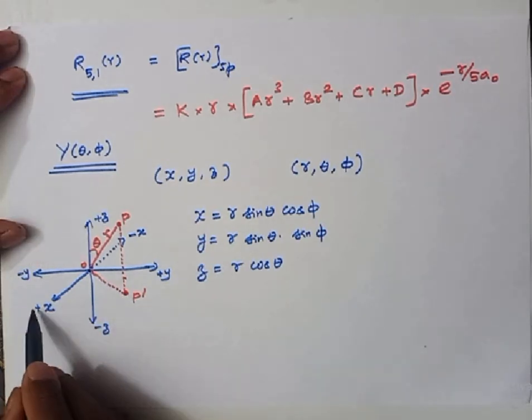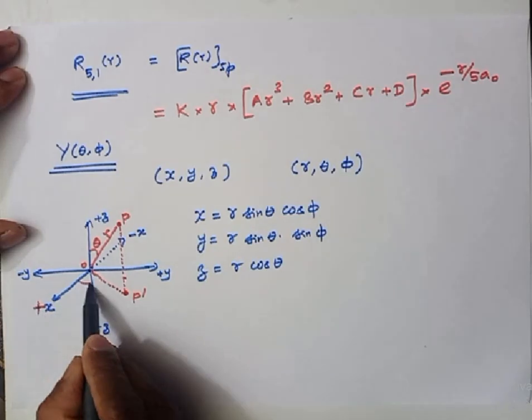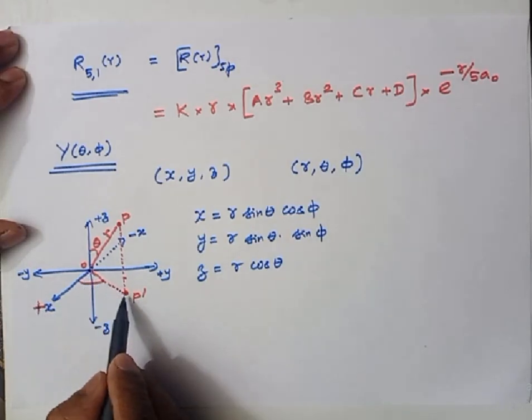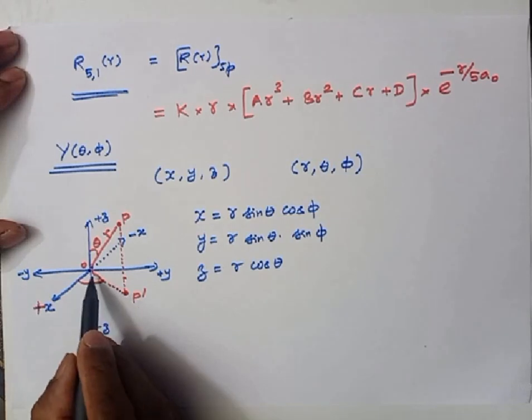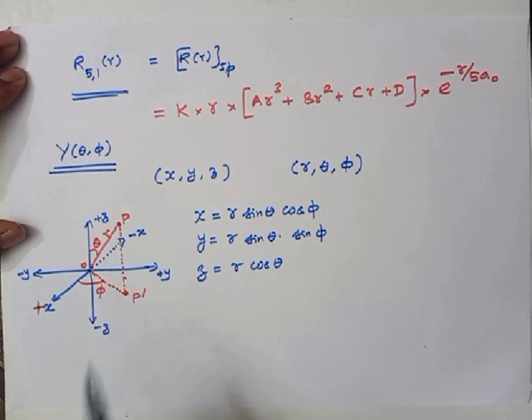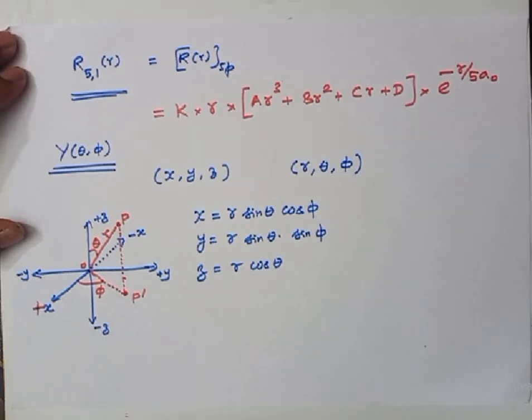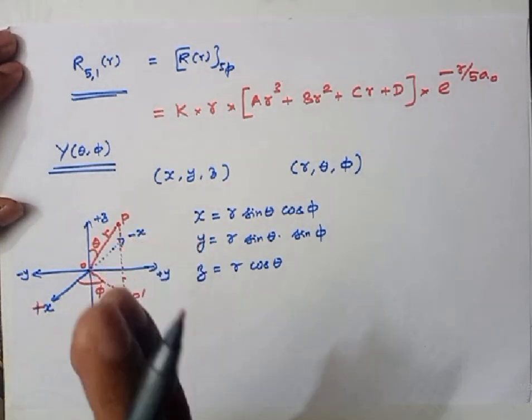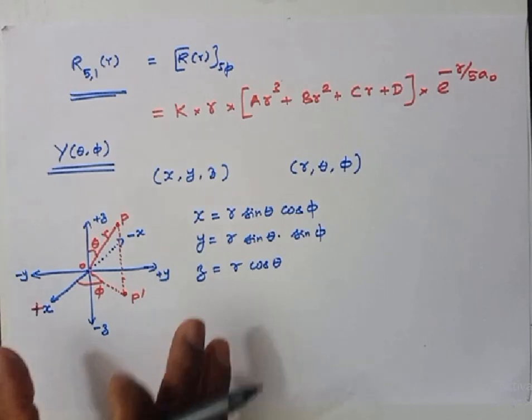The angle between the plus x-axis and this line, the line connecting the origin and the projected point, this angle is nothing but the phi angle. So which one is r, which is theta, and what is the meaning of the phi angle? Keep this in mind, very very important.